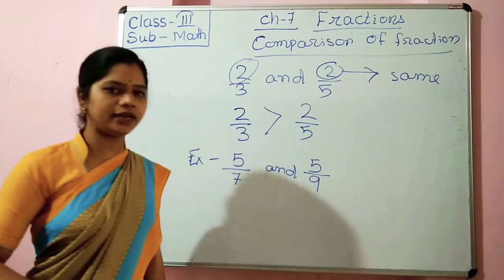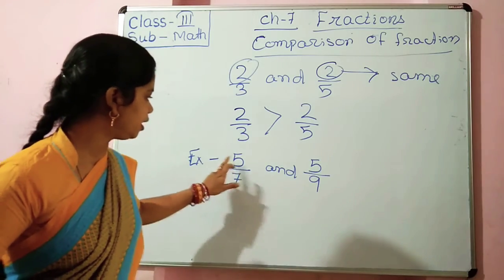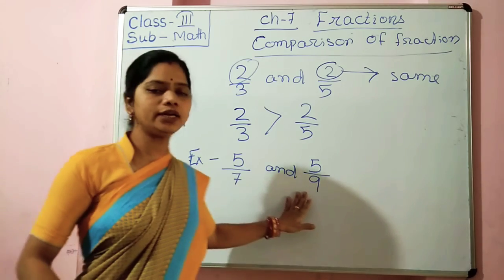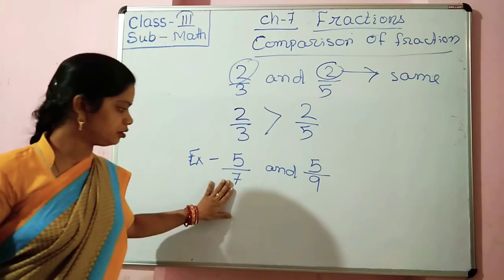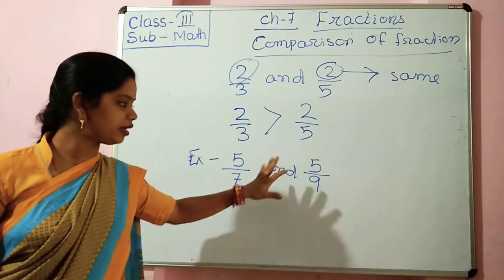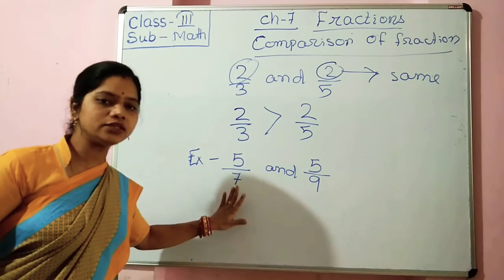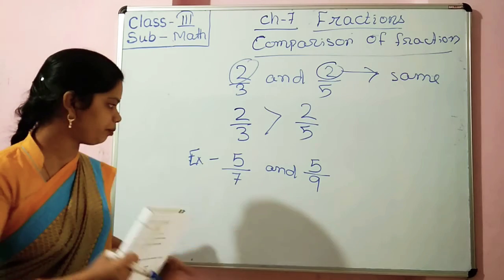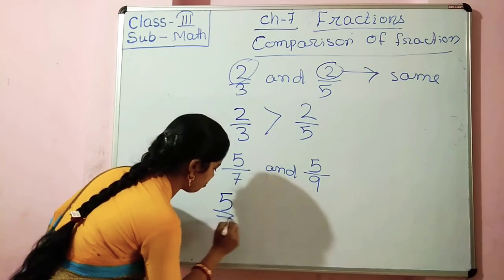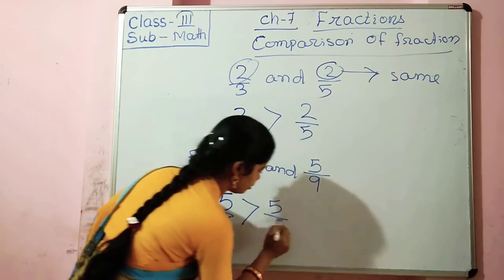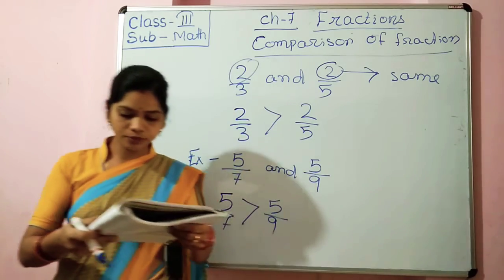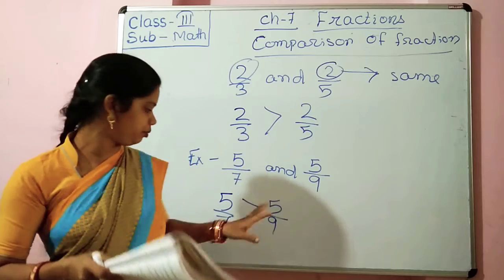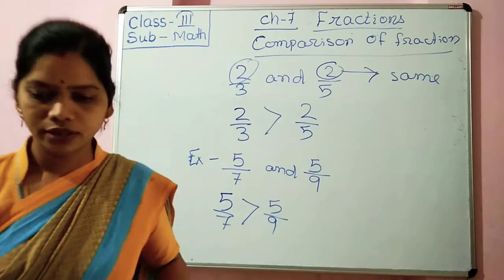Yes, tell me which is greater? All of you know, here the numerator is the same but the denominator is different. If the numerators are the same, the smaller denominator is the greater number. Here 5 by 7 is greater than 5 by 9. Okay, all have understood?